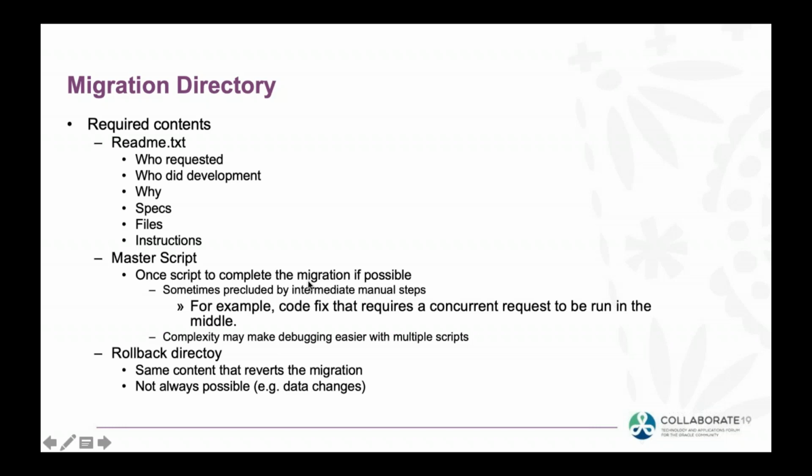And we try to do it with one master script then, that's a shell script that runs all the pieces, and a rollback directory that is the prior version of the code. Can't always roll back. If the change I'm making is changing data, I can't roll that back necessarily.